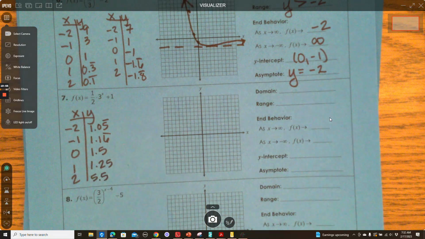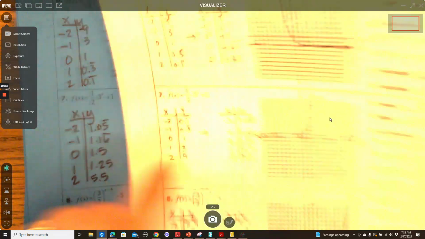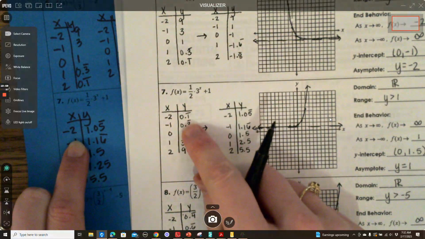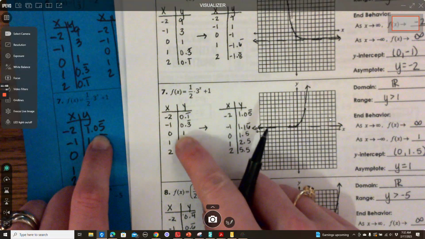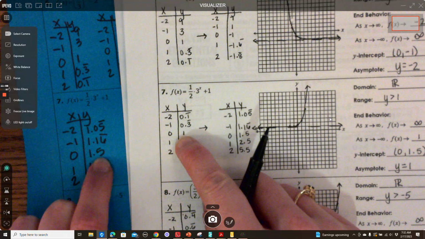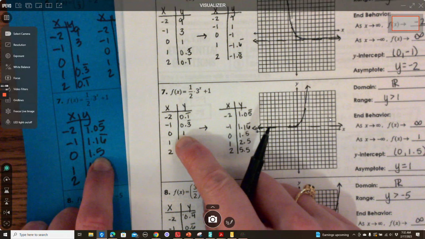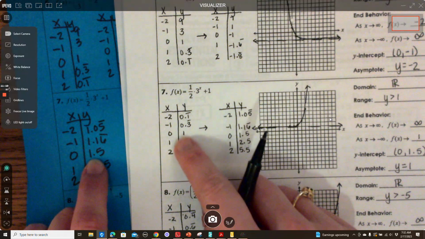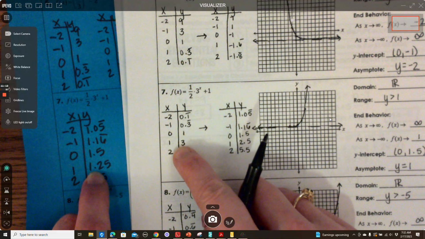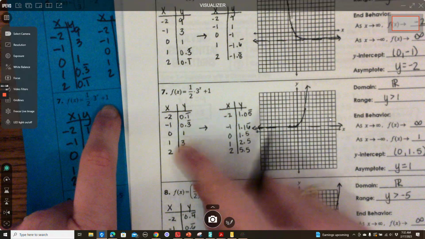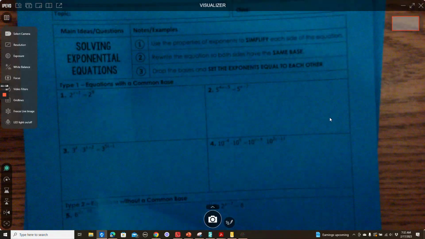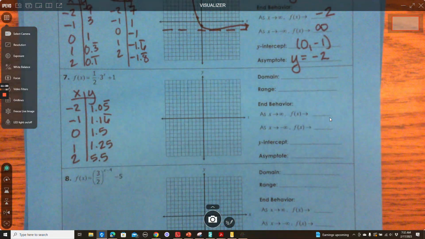And so what's happening here, and I'll show you on my notes, our y values, you can kind of see how they're changing. They're getting larger. The y values are increasing here, but not here. That's because of this plus 1, because we're shifting as well. It's harder to see when you're doing more than one transformation.